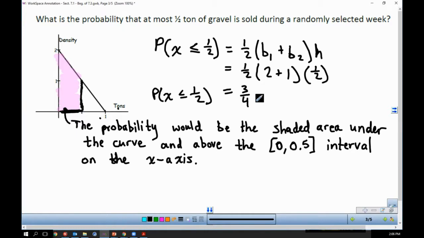Questions on this example? When we get to normal curves, there could be more of these. No, I want to start using calculus in here.